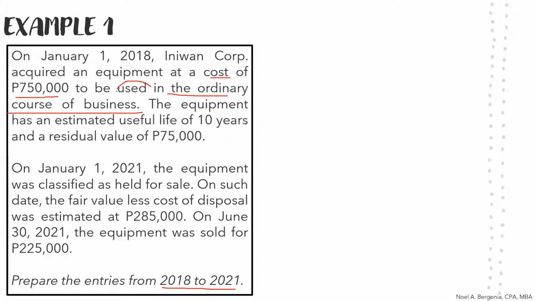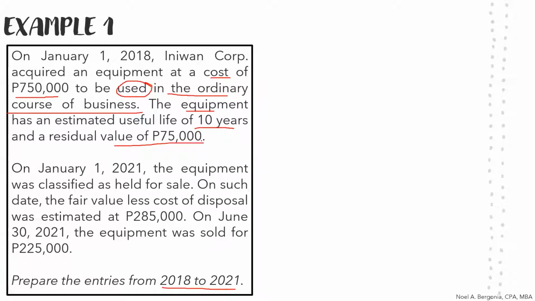So since it is to be used, it meets the criteria pa lang of PPE, di ba? Kasi it's used in the production process natin or in the current operations of the business. So it will be subjected first to the PPE requirement. The equipment has an estimated useful life of 10 years and a residual value of 75,000.